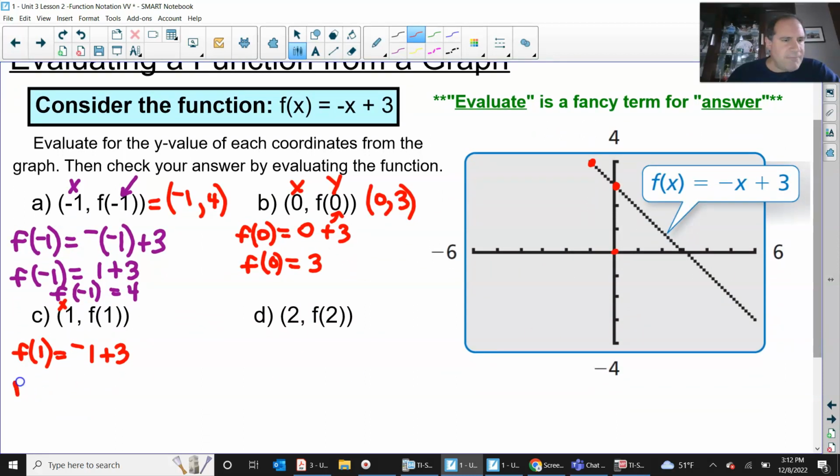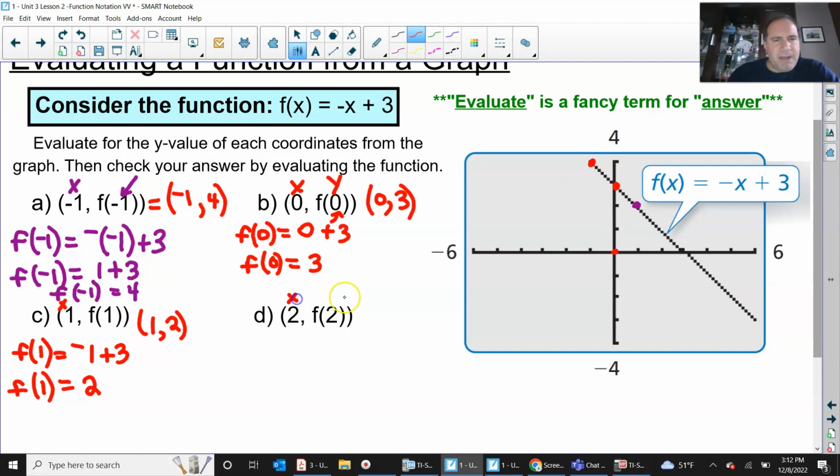So we're going to put f of 1 equals 2. So the coordinate is 1, comma 2. And let's check that out. When x is 1, the y is 2. And that does work out, 1, 2.